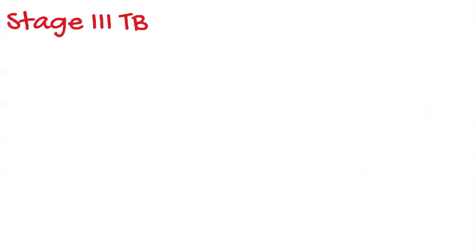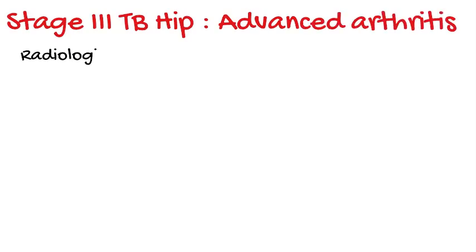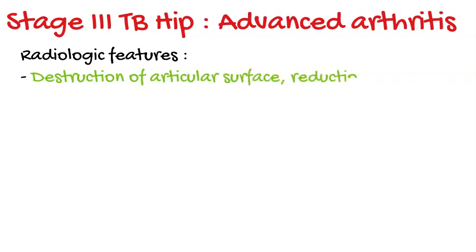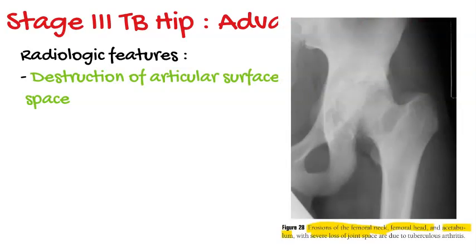In stage 3 TB hip, advanced arthritis, the radiologic feature will show destruction of articular surface and reduction in joint space. This left hip joint X-ray demonstrates the destruction of articular surface and reduction in joint space.